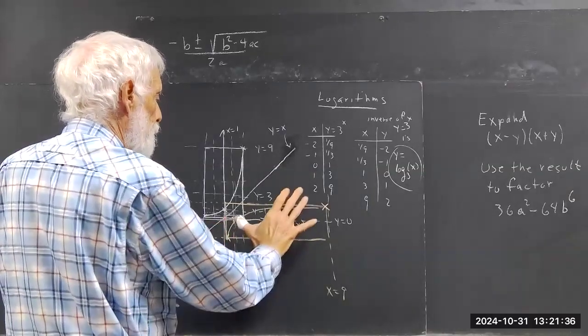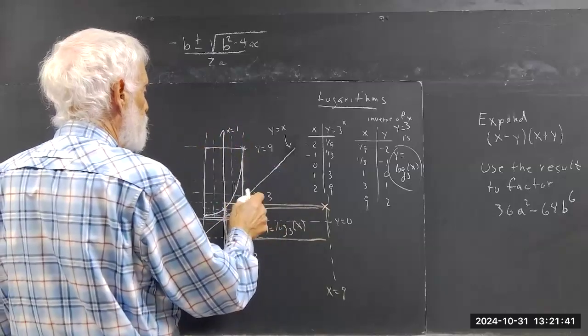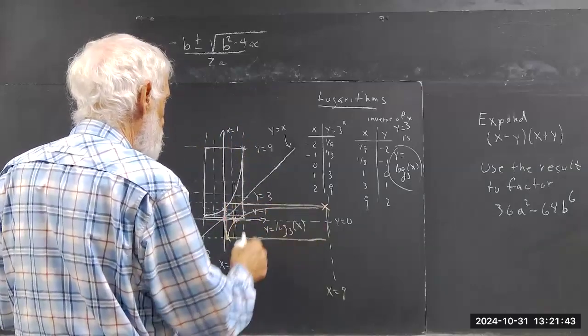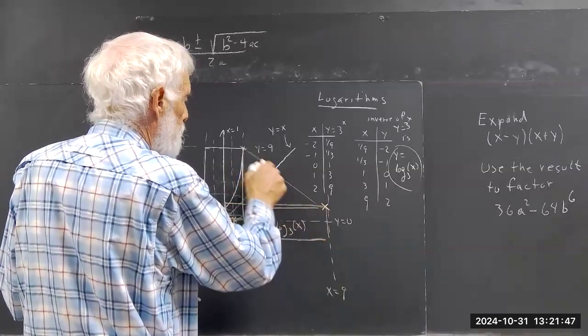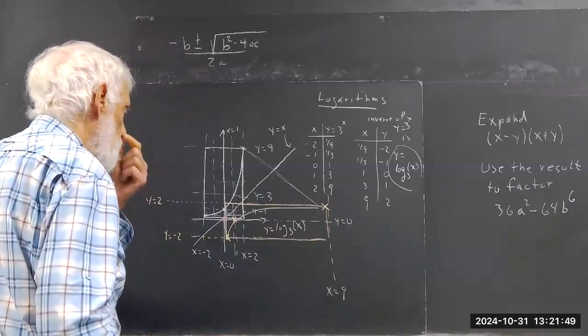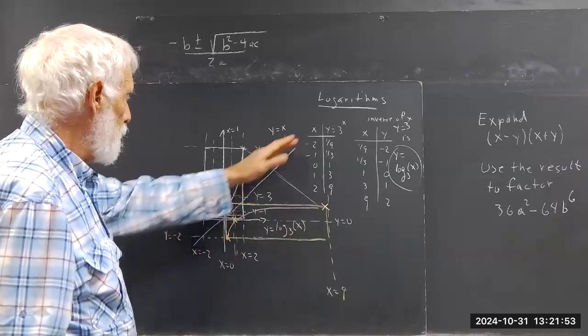If this is done to scale, now my 9 units there was bigger than my 9 units here. Things are a little distorted. I got a little carried away. But a line segment connecting this point and this point will ideally be cut in half by the y equals x line.